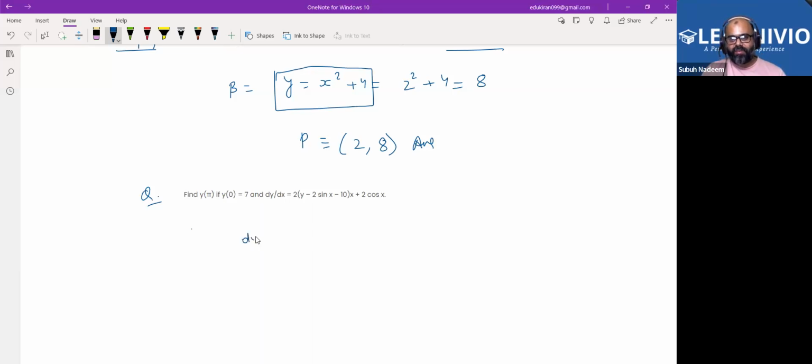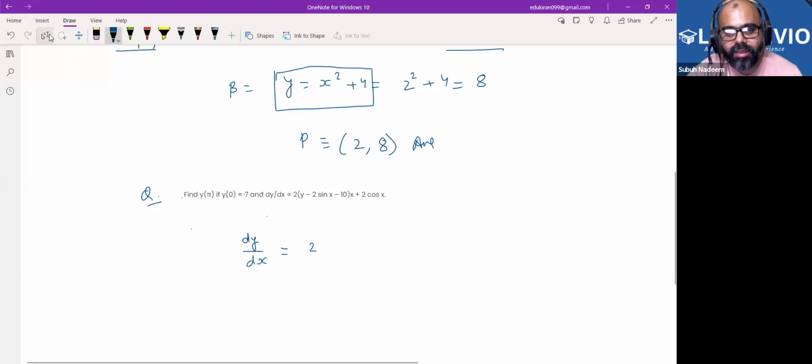So it is given dy by dx is equal to 2. But here there is a problem. You need to know the integration also. So let us leave this question right now. I think we can do it later when we will do integration.